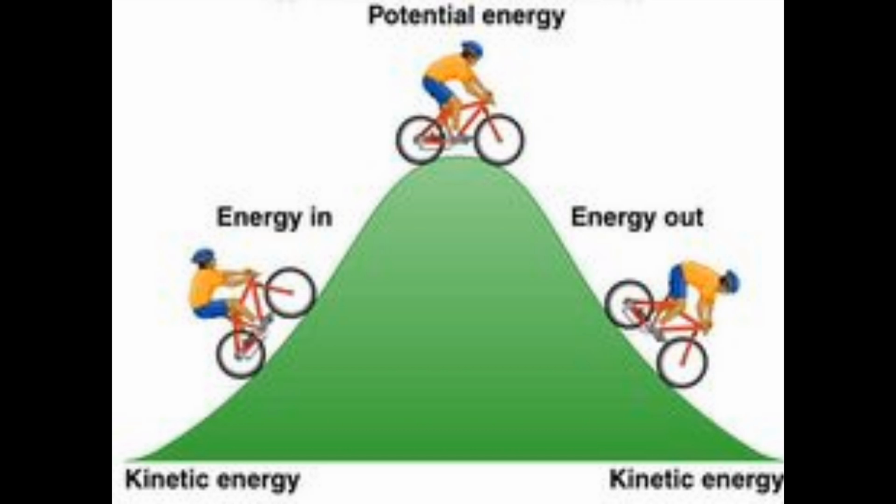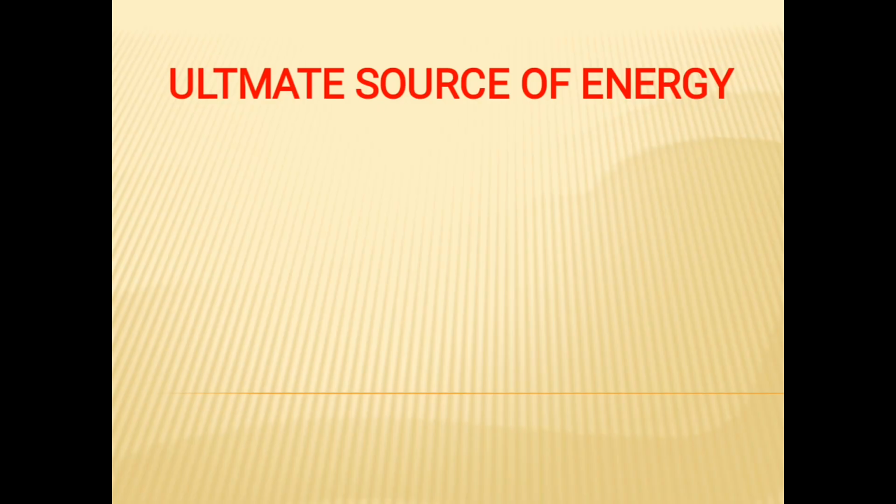Kinetic energy is energy in motion. Take for instance, when you are walking, you require a particular amount of energy for walking. The second form of energy is potential energy, which is energy at position. For you to stand erect at a particular point, it requires a form of energy.